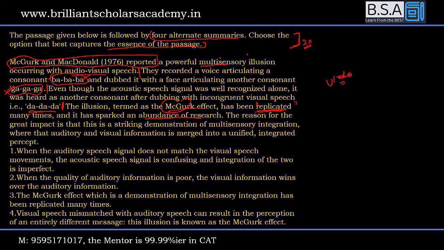The reason for the great impact is that this is a striking demonstration of multi-sensory integration. This is a demonstration of multiple senses coming together, where the auditory and visual information is merged into a unified integrated percept. Percept means what you are perceiving from it.